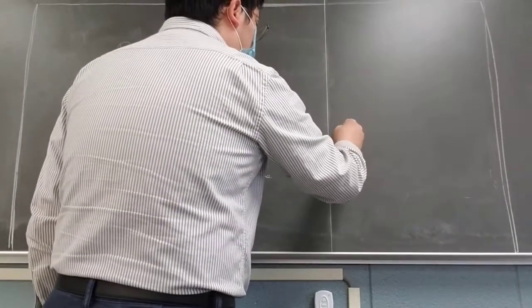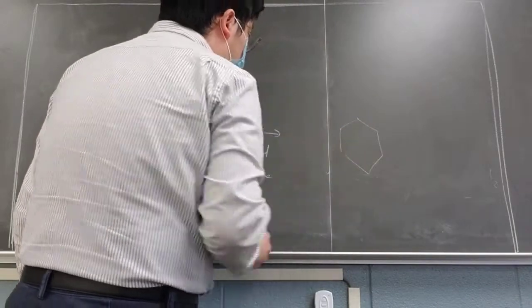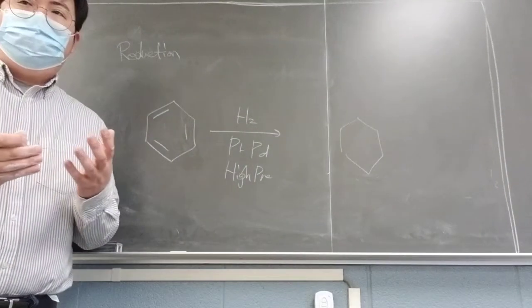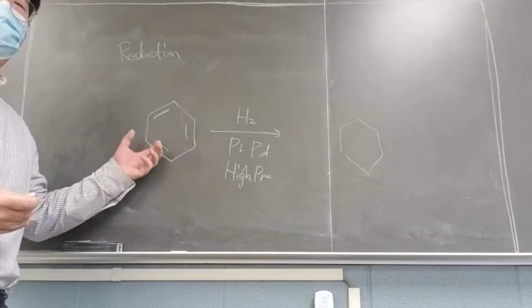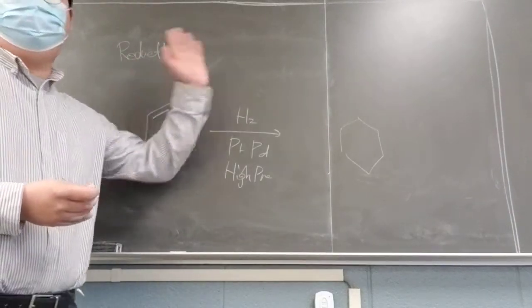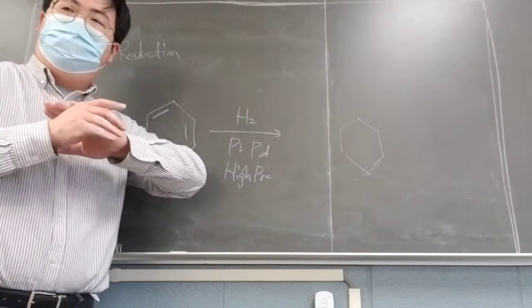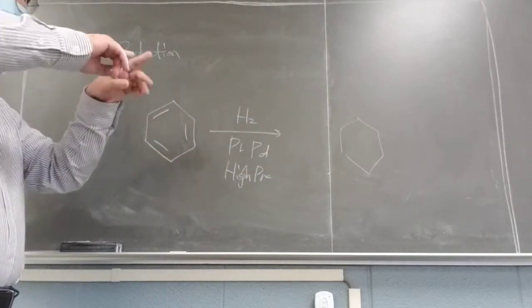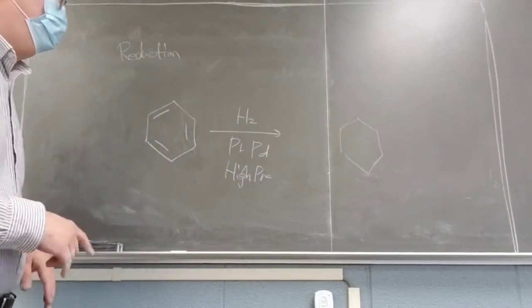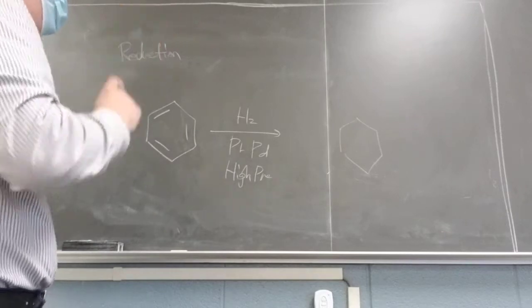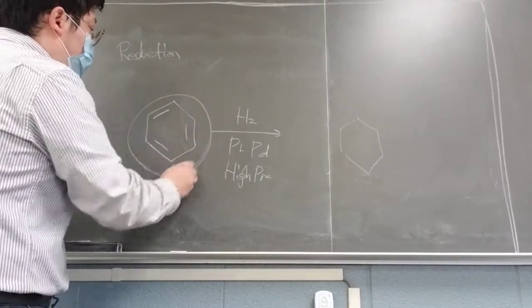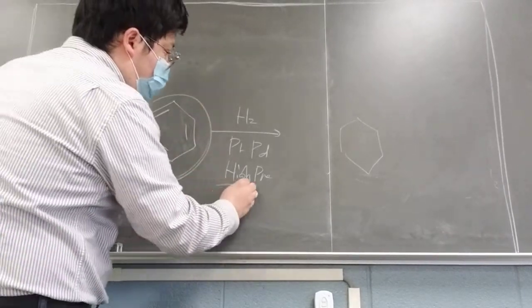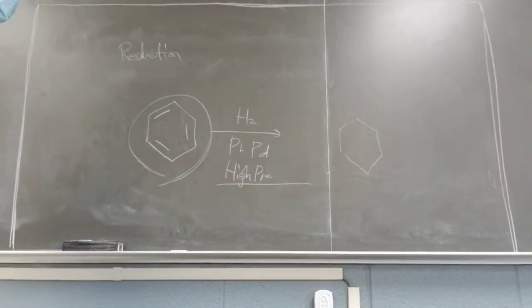But like I said, because it's very stable, unless you have very, very severe conditions, it will not be reduced. That's why I showed the other ones at room temperature and normal pressure, where only the one on the alkyl side will be reduced. And also sometimes the benzylic position of the carbonyl groups, but not benzene. It always stays the same unless you have very, very high pressure and so on.